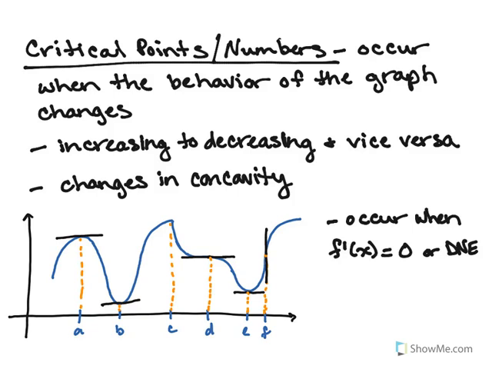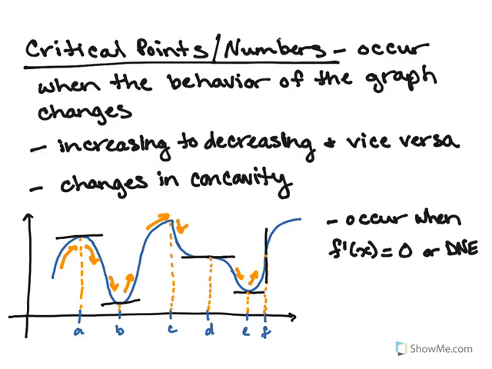So we have a critical point at A because it goes from increasing to decreasing. We have a critical point at B because it goes from decreasing to increasing. Same thing at E. Same thing at C. I'm going from increasing to decreasing.